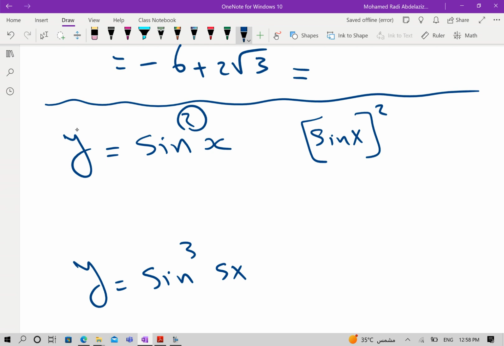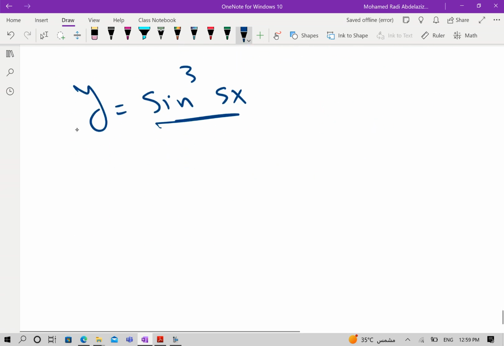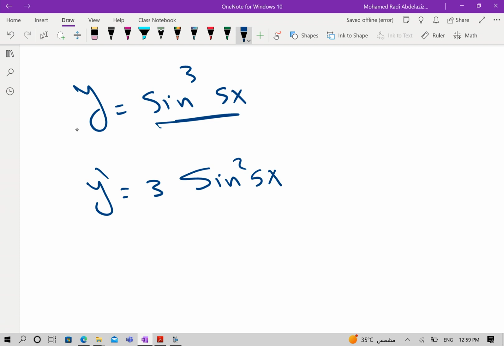Then start to differentiate using the chain rule. Drop the power, minus 1, then differentiate the function. So y dash equals drop the power, which is 2, then minus 1 will be sine x, then differentiation of sine is cosine. Again, how to differentiate sine cube 5x? y dash is drop the power, 3, then minus 1 will be sine squared 5x.